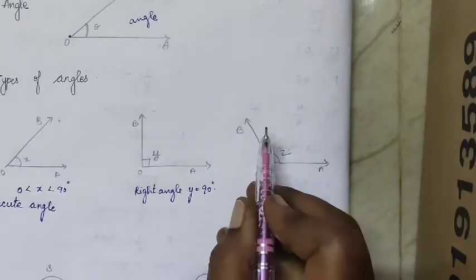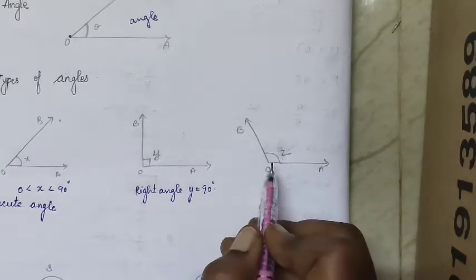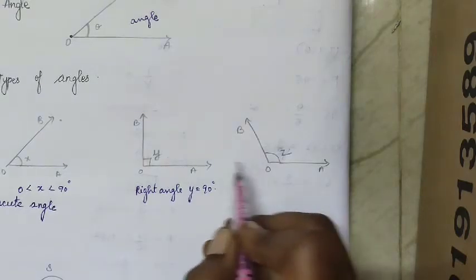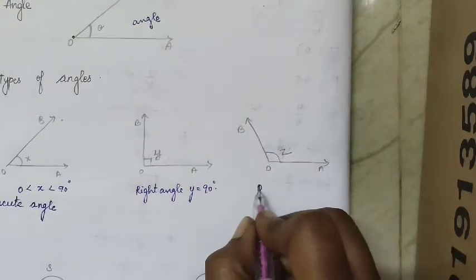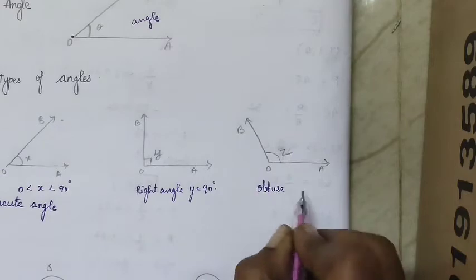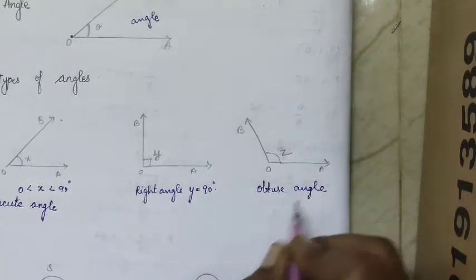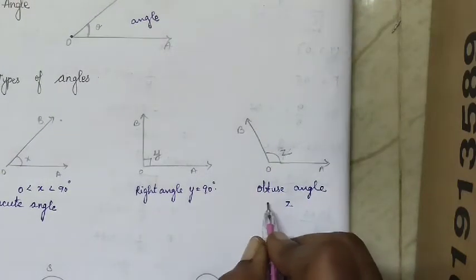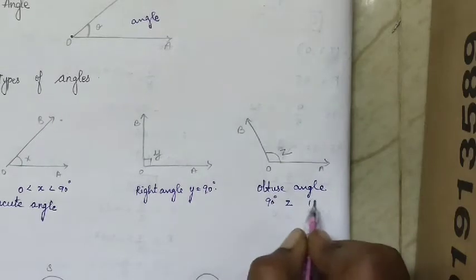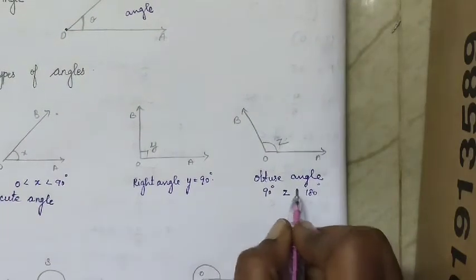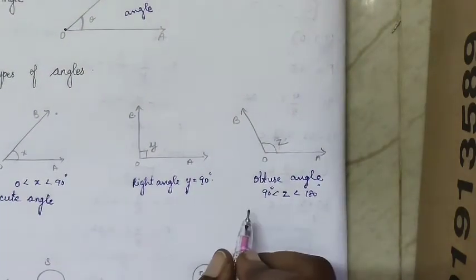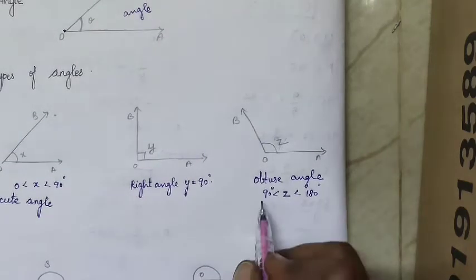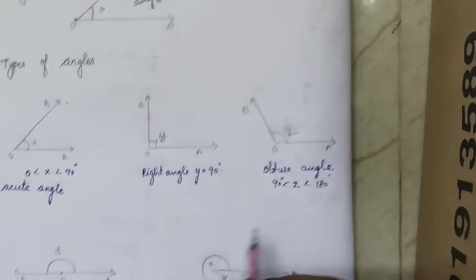Now it makes an angle more than 90 degrees and less than 180 degrees. This is the obtuse angle. The angle Z is in between 90 and 180.